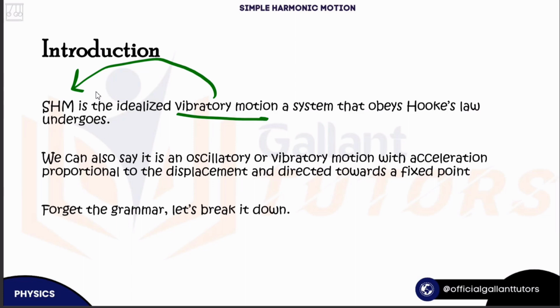And a system that performs it is closely related to what? To Hooke's law. Is that right? Good. So we can also say it is an oscillatory motion with acceleration proportional to displacement and directed towards a fixed point. Alright, let me make this visual.